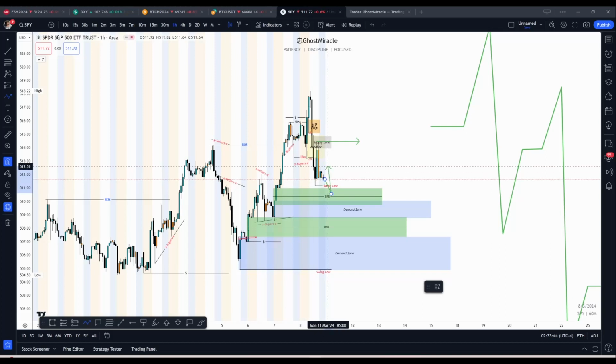So once price breaks this low, it's going to create a protected high somewhere in this area, right?